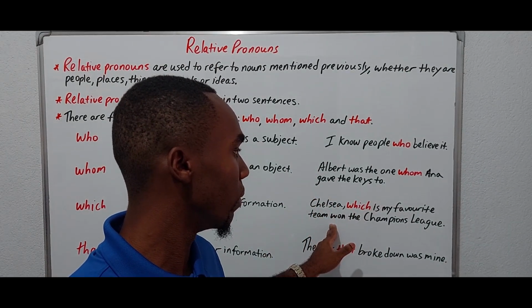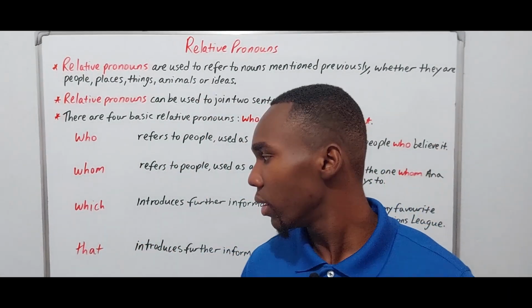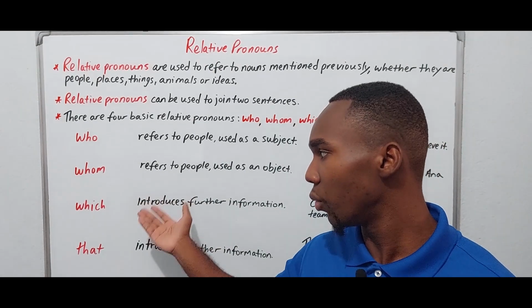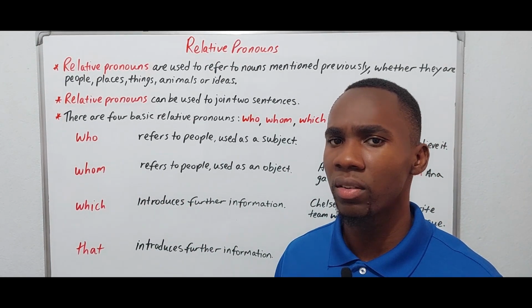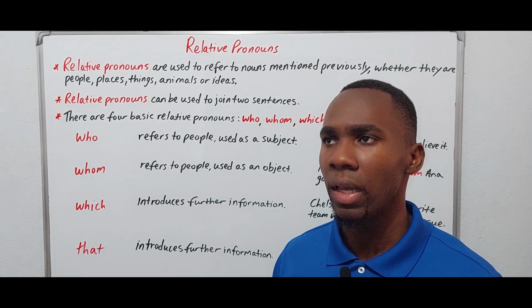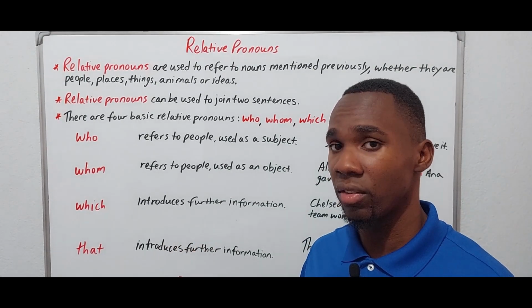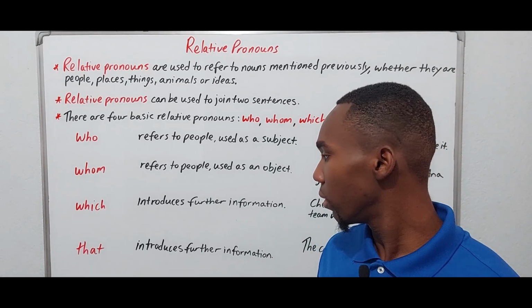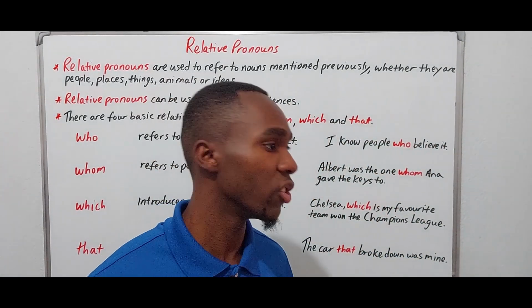And we go to that. That is going to introduce further information, just like which, and that could be used to refer to both persons and things. So persons and things, that can be used to add further information.